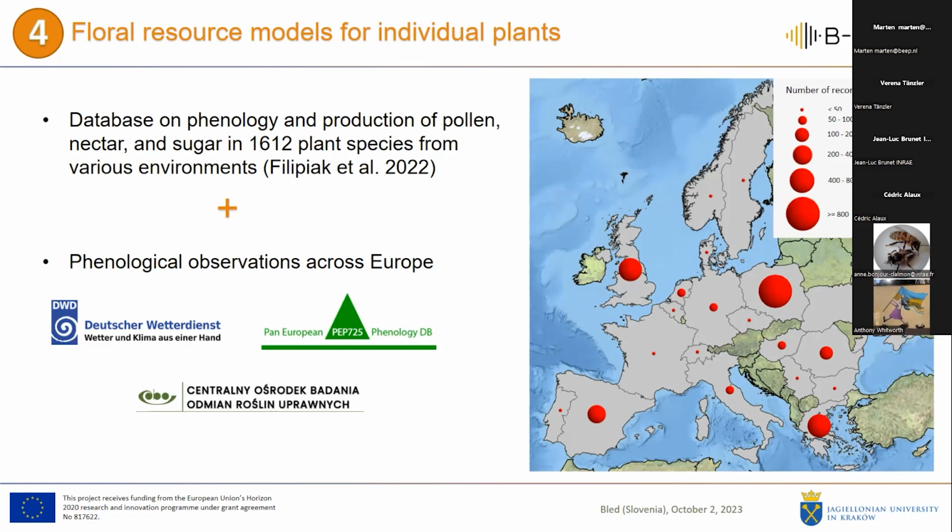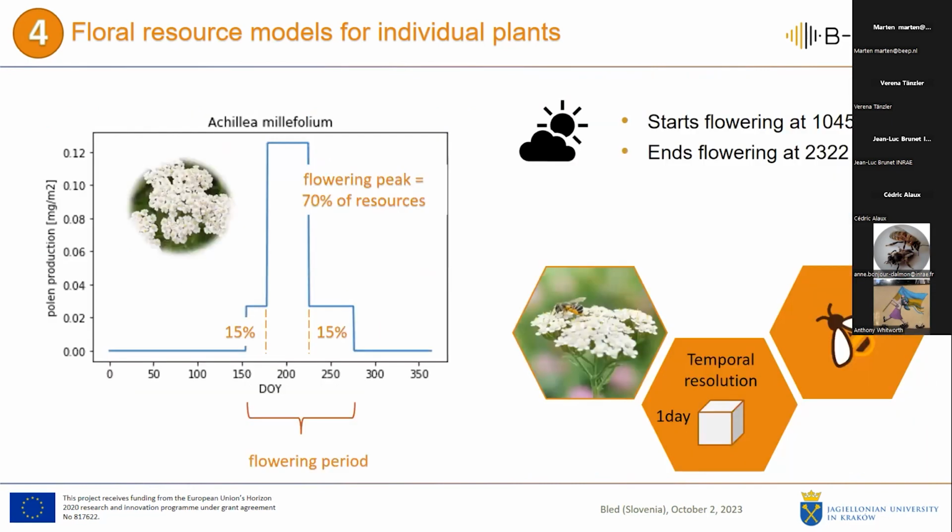We also contacted the German meteorological office. They have a lot of information. We have information about the plant phenology for crops from the Polish research office on different cultivars. And of course, we had a lot of information also from this database. So we put it all together within this equation that I showed you.